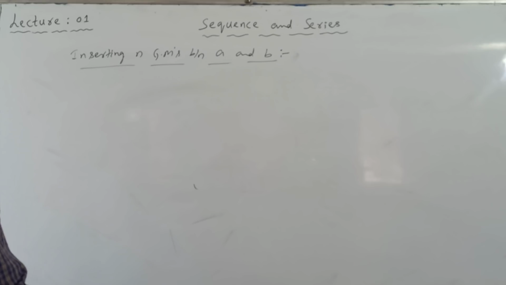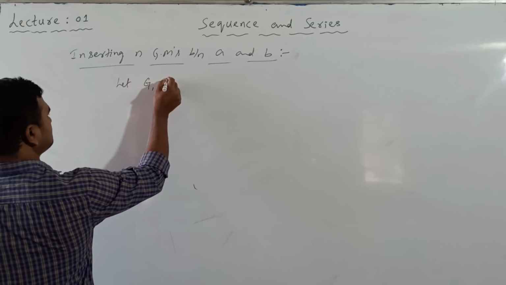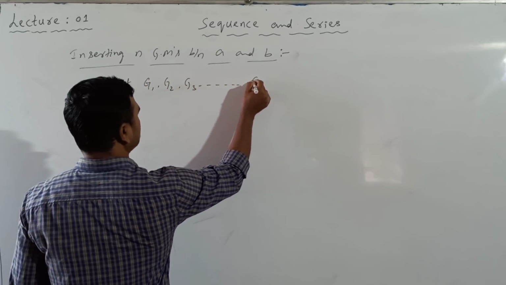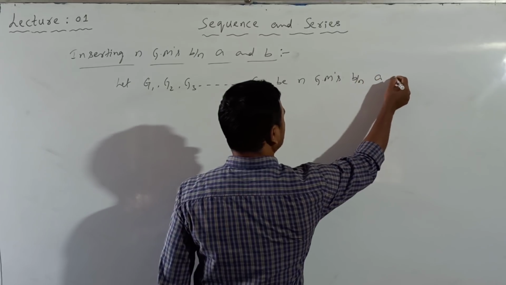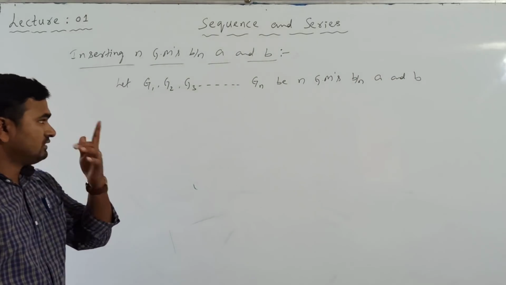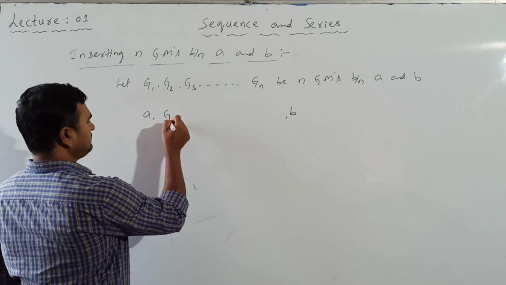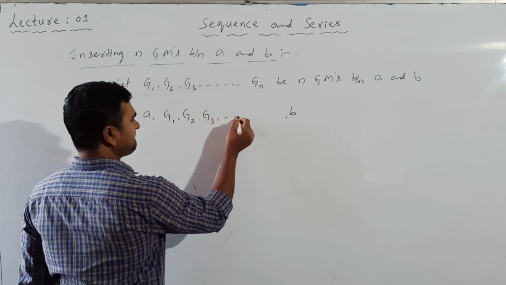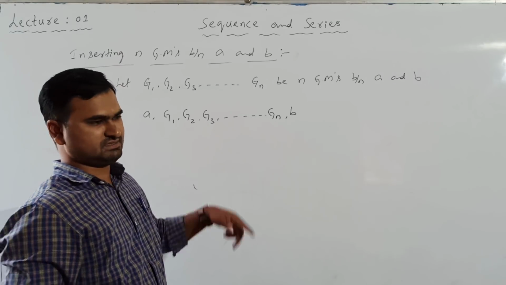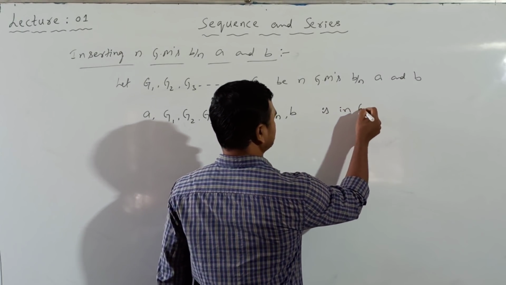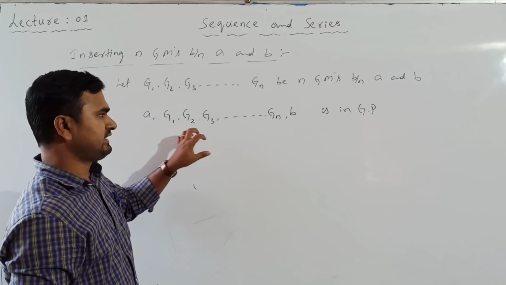That is n numbers we are inserting in between A and B. Now we are inserting these numbers in between A and B. So A, G1, G2, G3 up to Gn, B. Now if this resulting sequence is in a geometric progression, then only these numbers G1, G2 up to Gn are called geometric means between A and B.